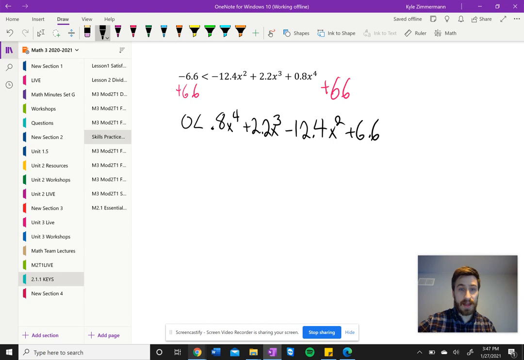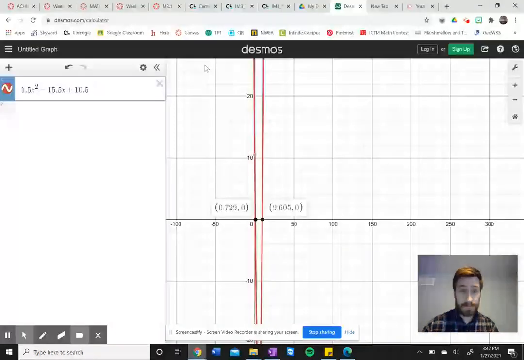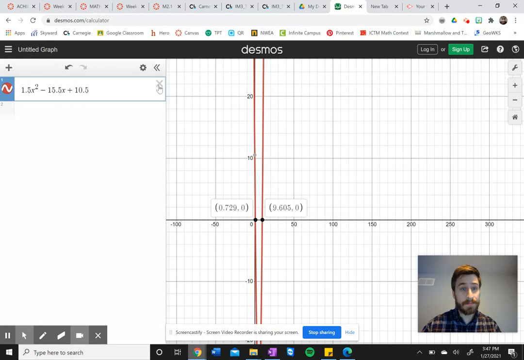So this is just a lot of decimals, right? I'm going to go ahead and just plug this guy into Desmos. Let me clear my old one.